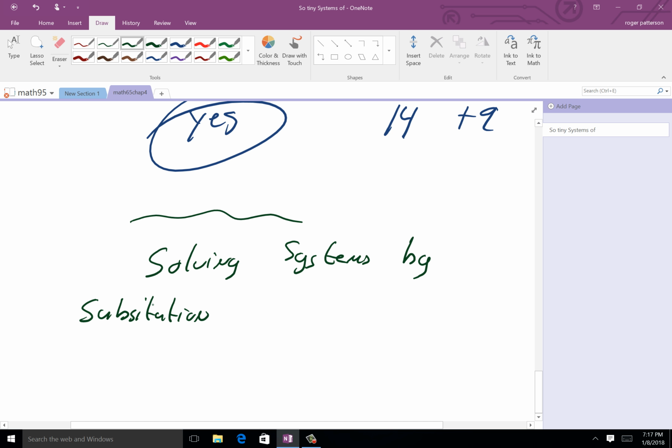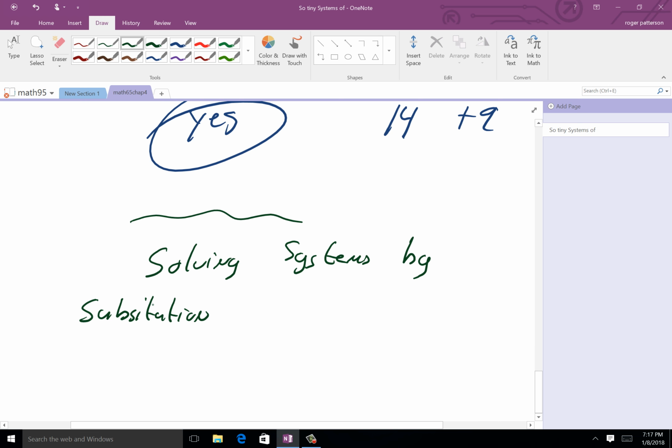Okay, so I'm going to show you how to do the last thing here, solving systems by substitution. Honestly, substitution probably isn't the best way to solve a system of equations. I think the one we're going to learn on Wednesday is better.